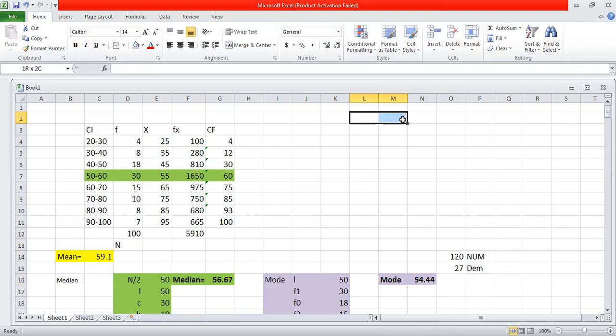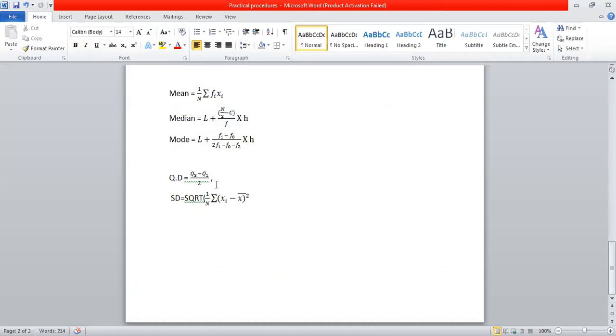The quartile deviation formula is Q3 minus Q1 by 2. I have shown you how to calculate the Q2 value. In the same way, for Q3, the criteria we check is 3n by 4. For Q1, the criteria is n by 4.